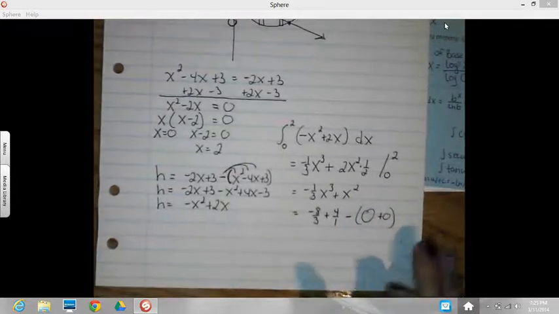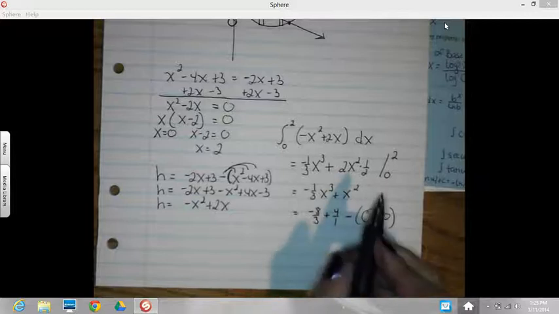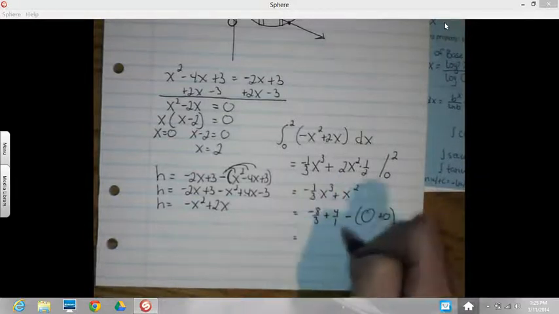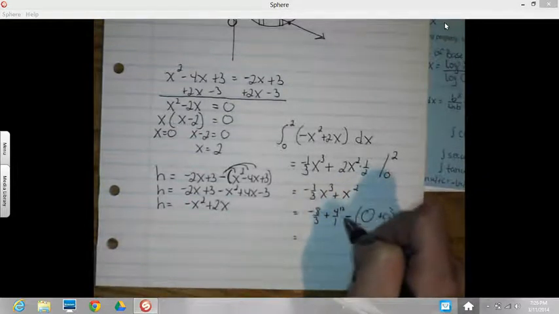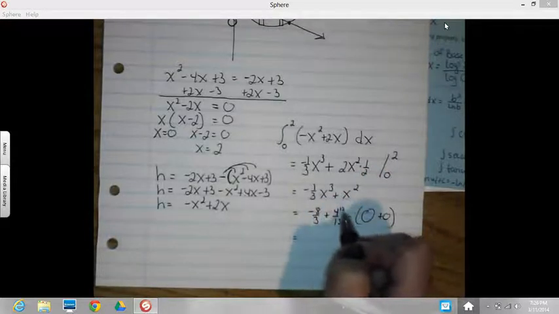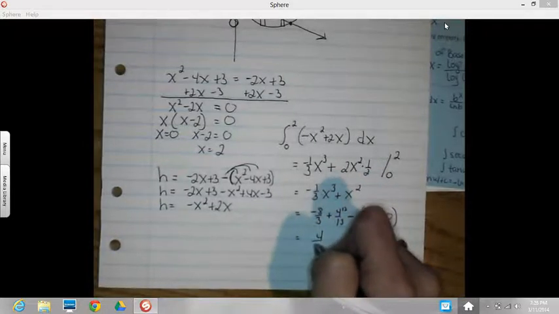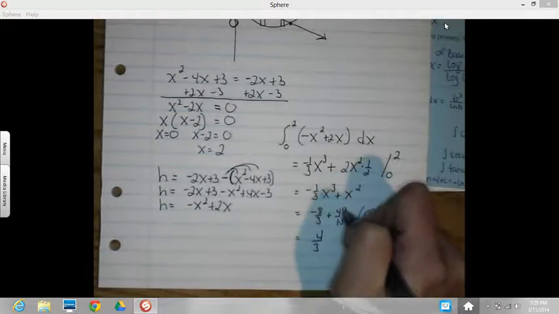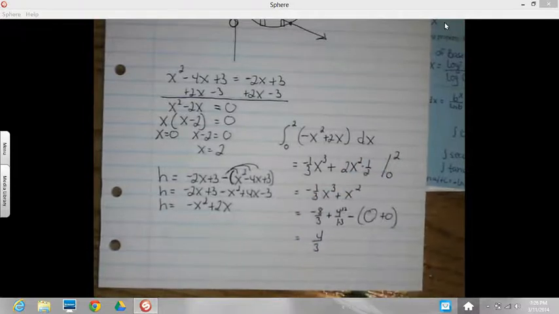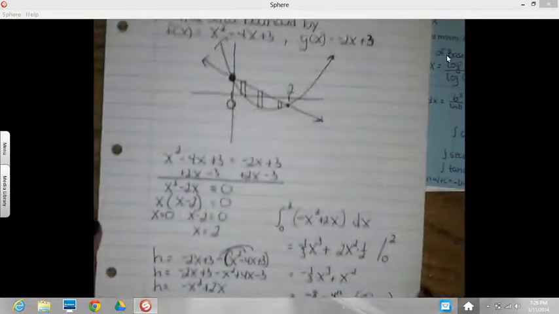First one 0, second one 0, subtract them after I add them together. Okay, this will be 12 thirds here when I multiply by 3 over 3. So negative 8 plus 12 is 4 thirds. Or 1 1/3, or pick up a calculator. Okay, not so bad. A lot of work, but nothing too challenging, I don't think. Just got to be careful with your algebra.